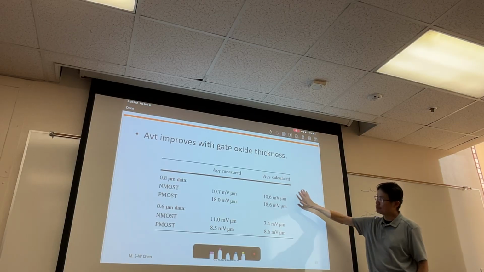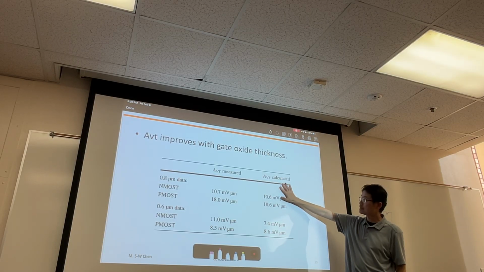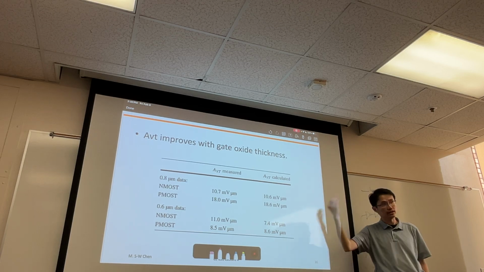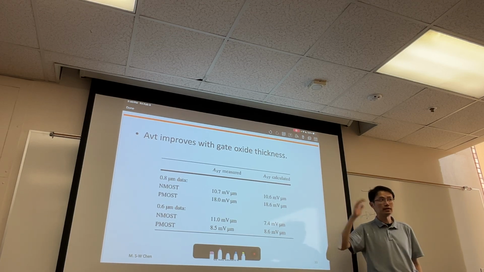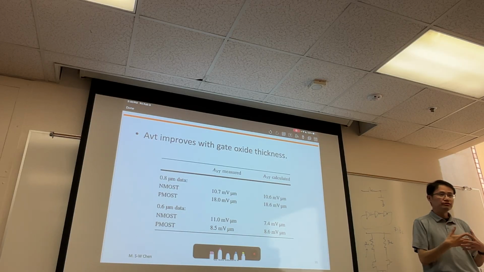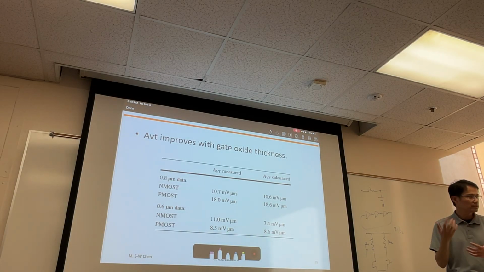So he was able to match pretty well. Whatever he calculated and the measured actually matched pretty well. And that's how he became very famous. He said, okay, I was able to match the physics phenomenon to whatever I actually measured, right?